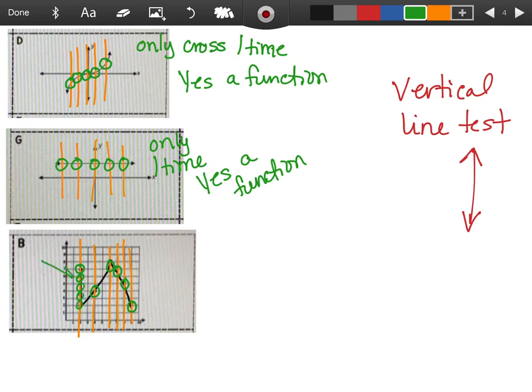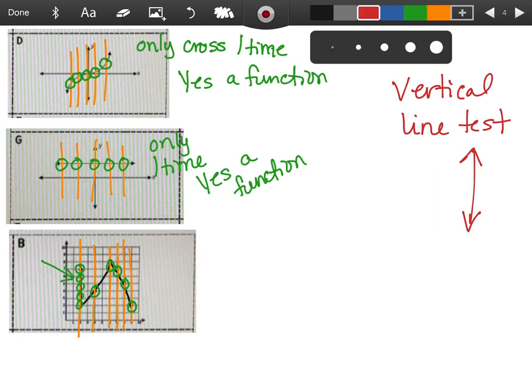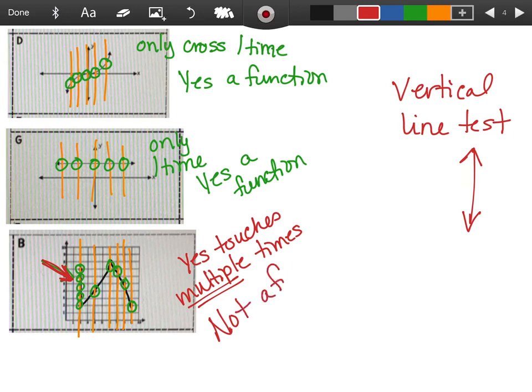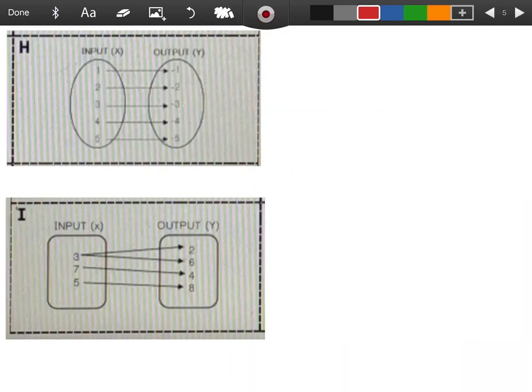So because this touches more than one time, yes, I touch it multiple times. That means I am not a function. Okay, no function there.